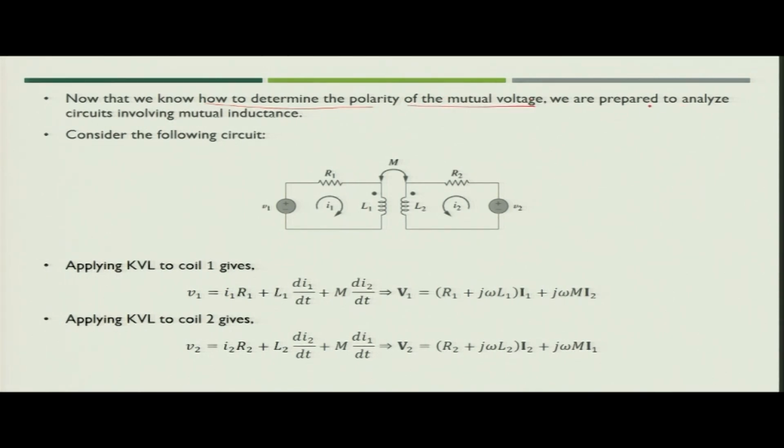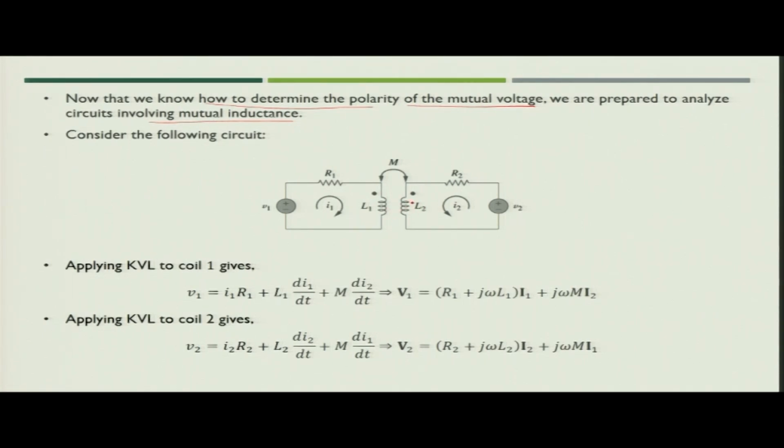Now, let us solve a few circuits so that we can understand how to involve the mutual inductance in our circuit analysis. Let us see this particular figure where we have V1 and V2, two voltages applied across two coils which are placed nearby.